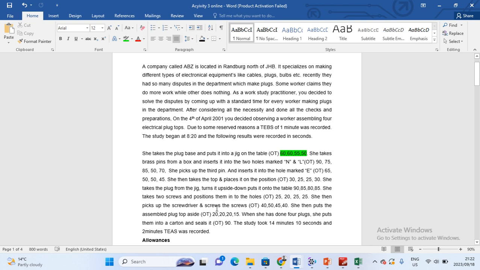After you've read everything, you notice that when she has done 4 plugs, she puts them into a carton and seals it. She has done 4 plugs, 4 cycles, and then she puts them and seals them when in our fourth cycle or in our fourth plug, and it has a 90 as an observation time.